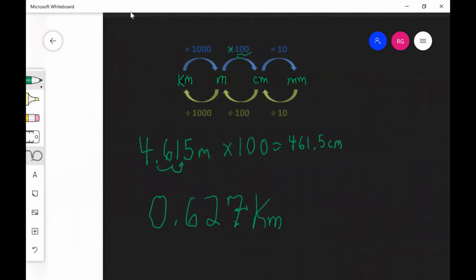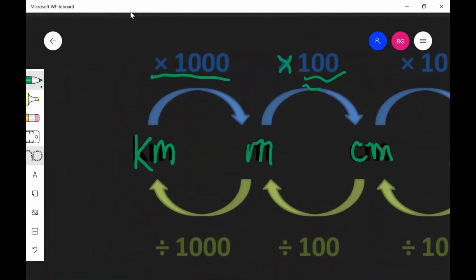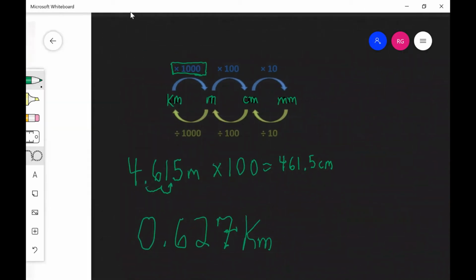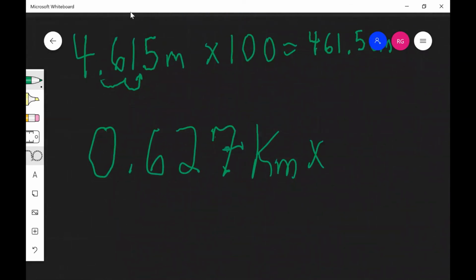If we're going from kilometers to meters, what should we multiply by? 1,000. Yeah, so times 1,000. So we take the decimal, and we need to multiply by 1,000. Do you know the answer yet? 67.2 meters?